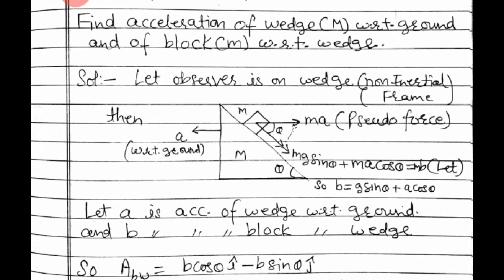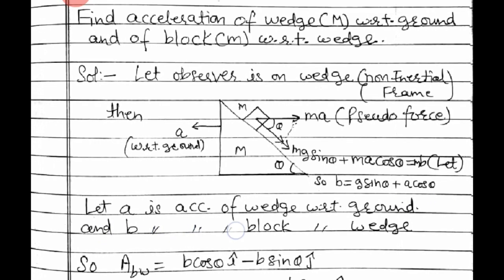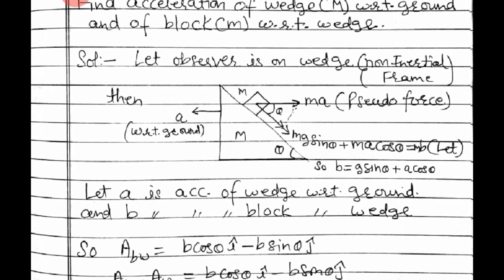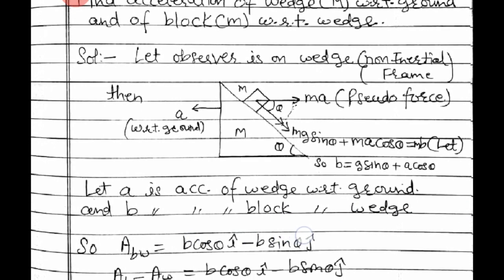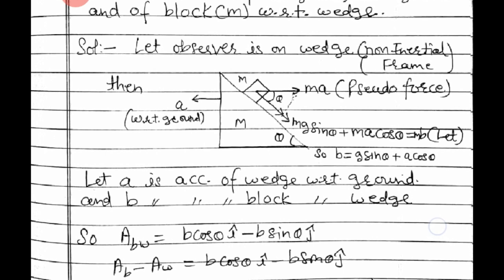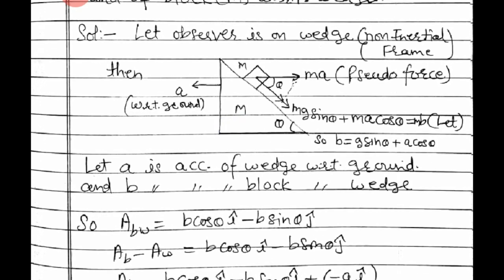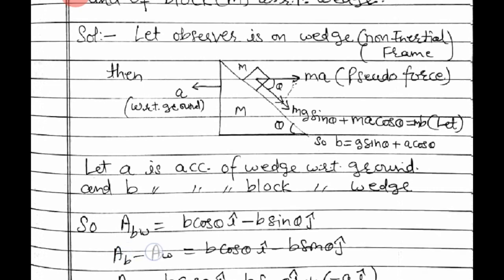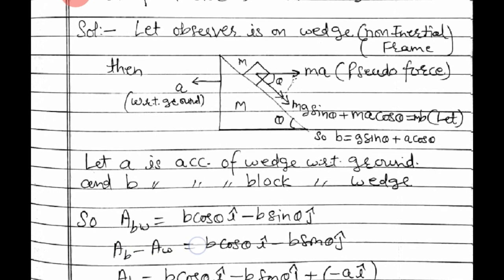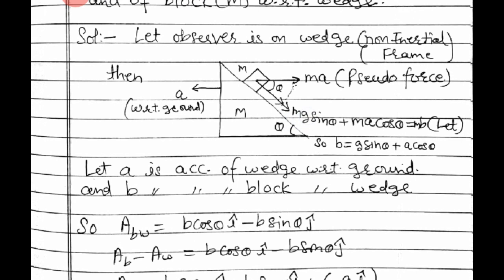Okay, let a is the acceleration of wedge with respect to the ground and b is acceleration of block with respect to this wedge. Here we can find components of b in this direction and in this vertical direction.